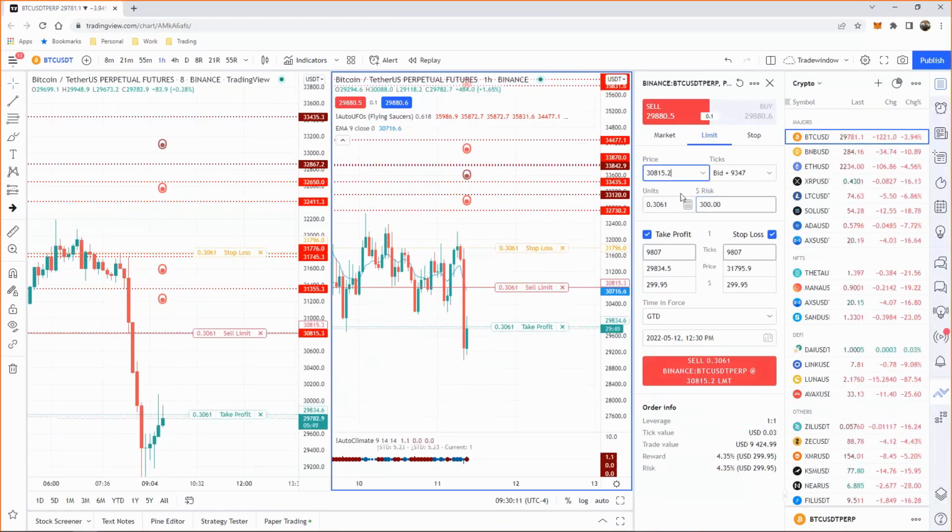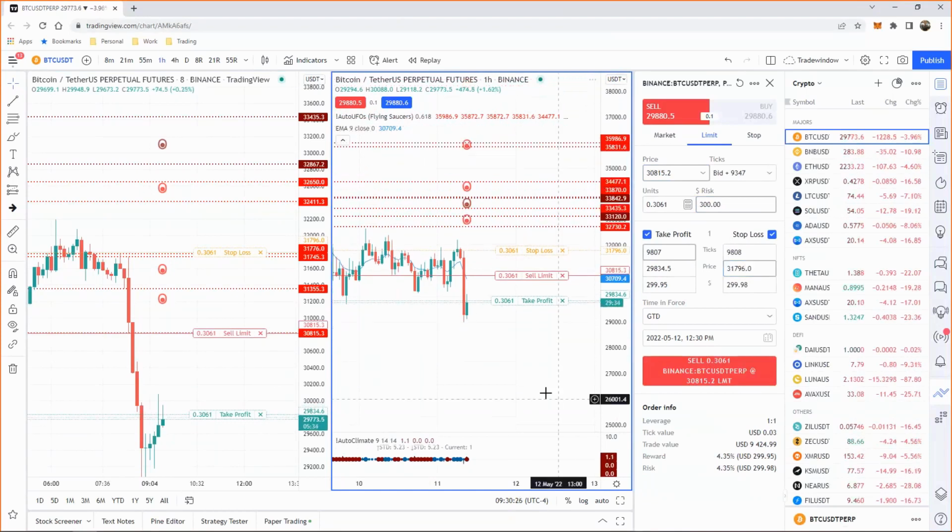This is just so it keeps this second leg. My stop remains the same. It's going to be at 31,796.